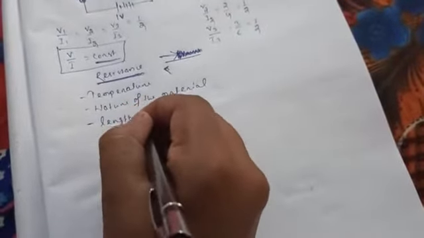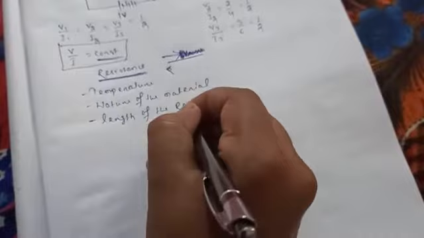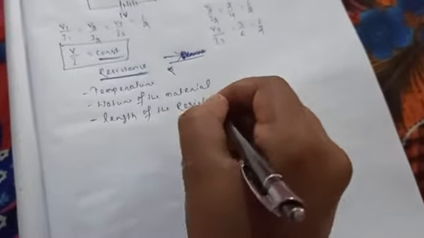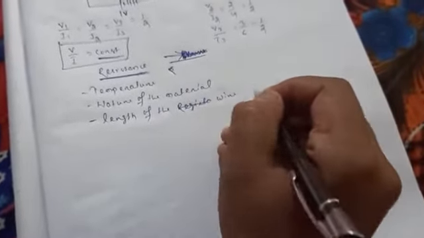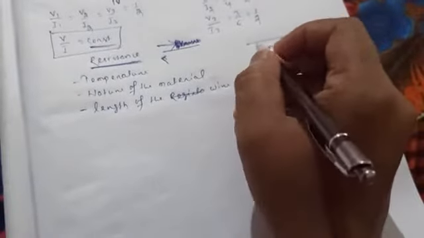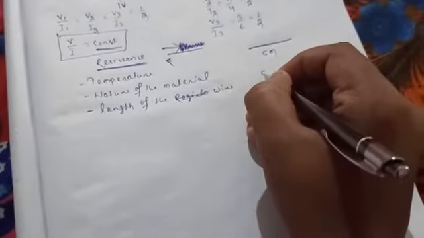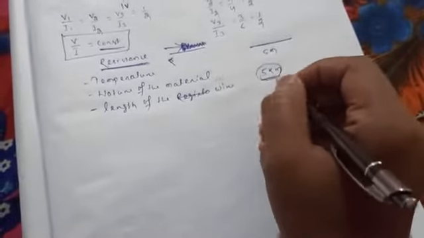Similarly, the length of the wire. Suppose I take a 5 meter wire, then I will get one amount of resistance. Suppose I take 5 kilometers, will I get the same amount? No, I cannot.